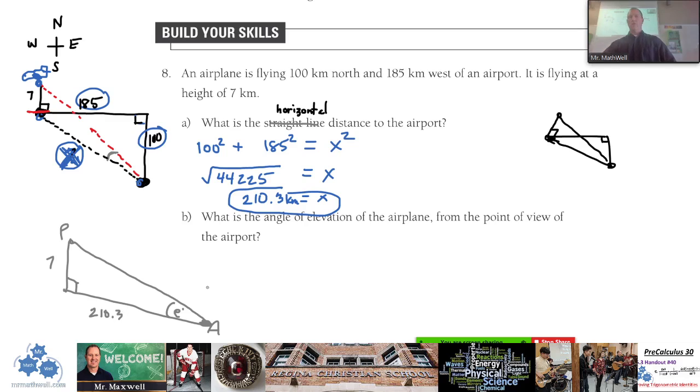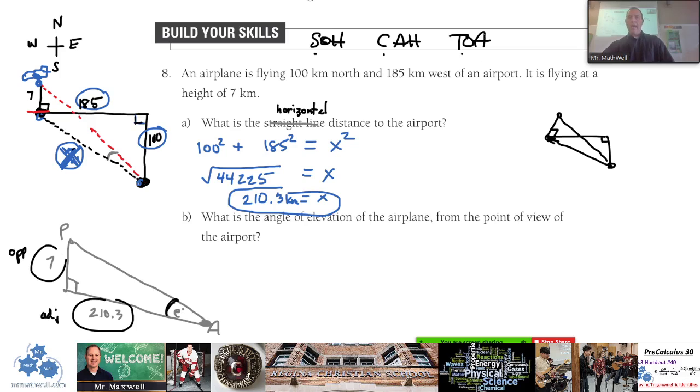Remembering SOH CAH TOA, which trigonometric function involves this angle, this side and this side? Sine, cosine, or tangent? Well, for angle E, or angle A, whatever, this is the opposite side and this is the adjacent side.